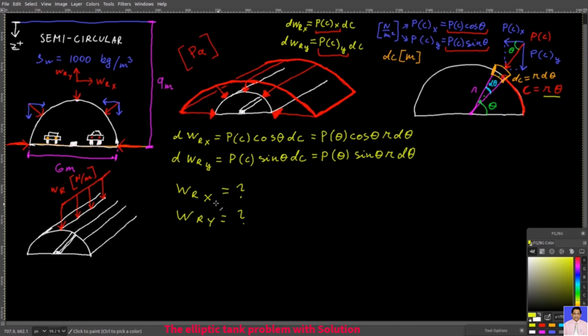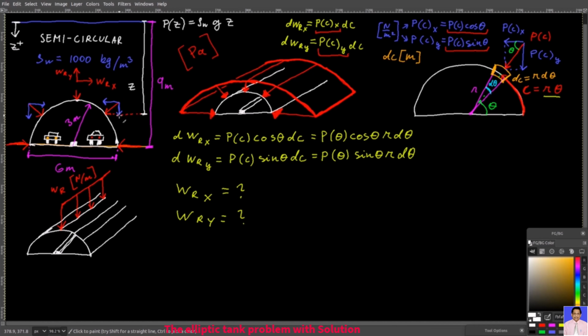So let's now find wrx and wry. We know that the depth of the bottom of the sea is 9 meters. We also know that the tunnel's radius is 3 meters because the diameter is 6 meters. The pressure at depth z at each point on the semicircle is pressure as a function of z equals the density of water times g times z.